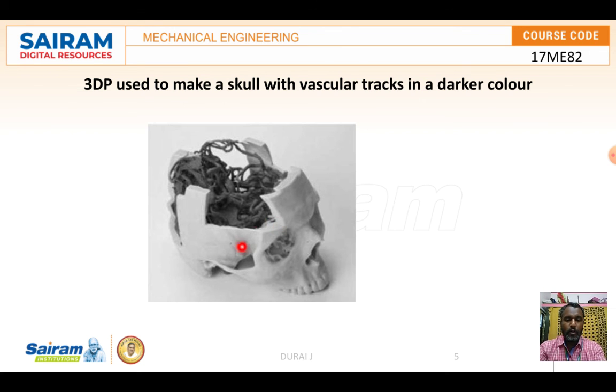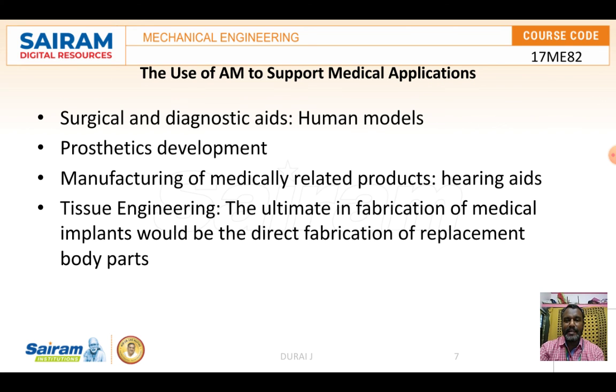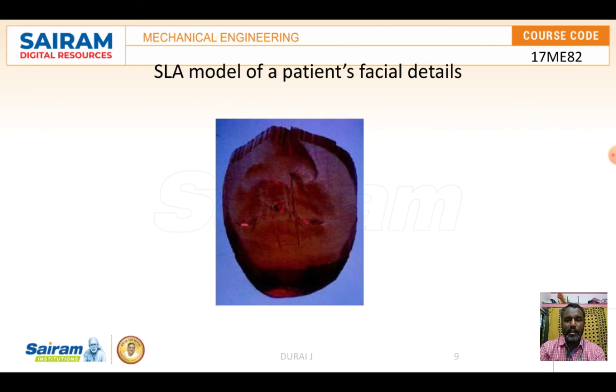Here, some models, like the human skull, are created for research work or for operations and other purposes. If you want to do trial operations, you can. Again, one more human model; this type of model we can create easily here. Mainly it can be used in a lot of applications in medical models.